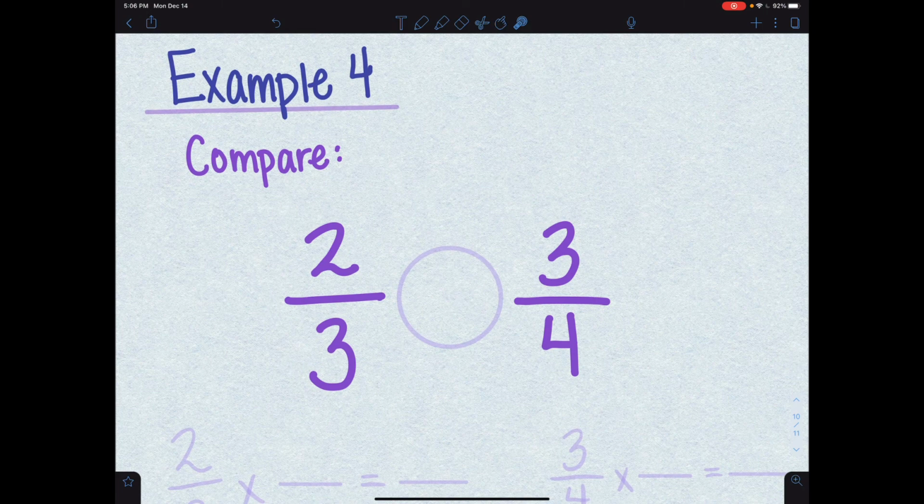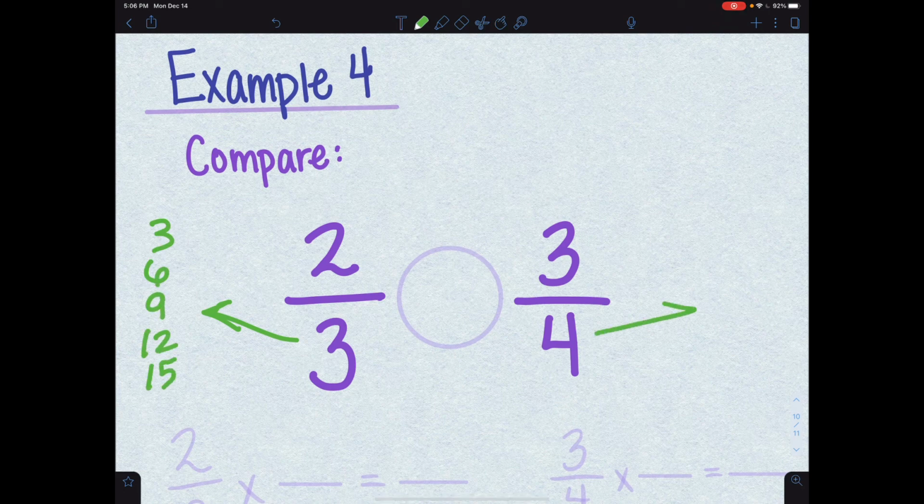So let's find some multiples of 3. 3, 6, 9, 12, 15. What about multiples of 4? We've got 4, we've got 8, we've got 12. Aha! That one sounds familiar because it's the same as on the other side. So the least common multiple between both of those is going to be 12. That means the least common denominator between both of them is going to be 12.